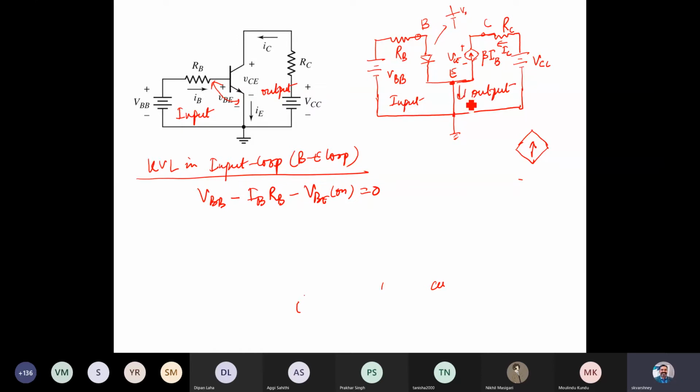This is IE which flows here, and this is your base current IB. So we can find out IB, which is VBB minus VBE on over RB. And the same way we can do the KVL in the output loop.